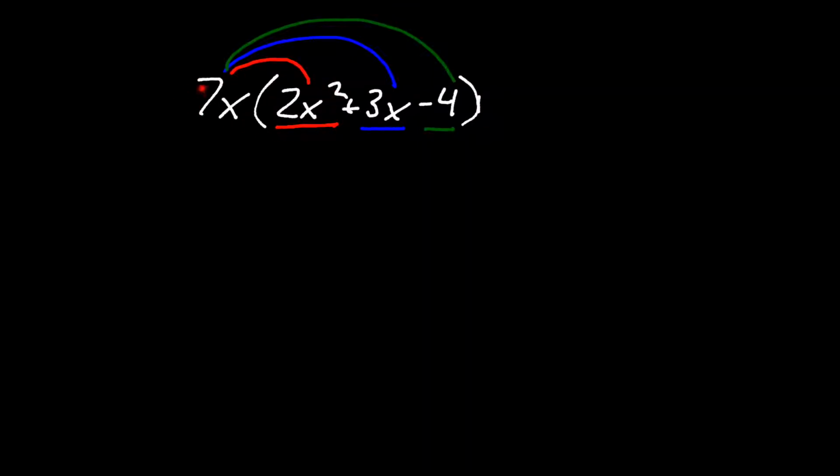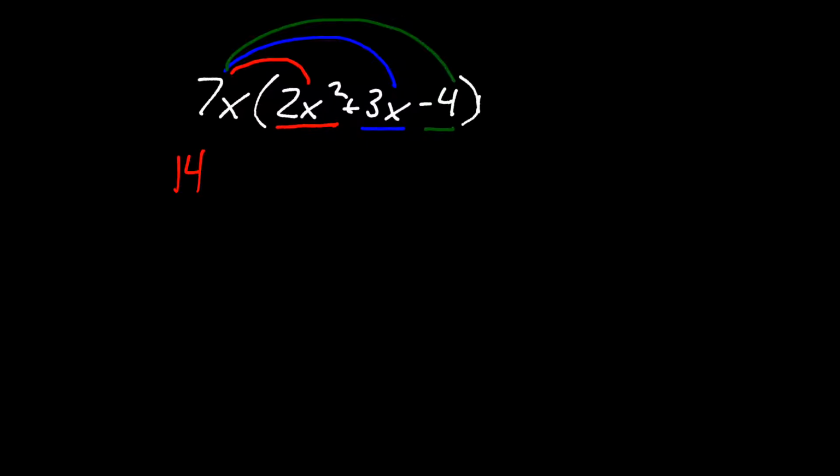So first I have 7x times 2x squared. I'm just going to pretend that this stuff over here is not a part of the problem. I'll come back to it later. So, like we saw with our monomials, first I multiply the coefficients. 7 times 2. That gives me 14. Then I have x times x squared.